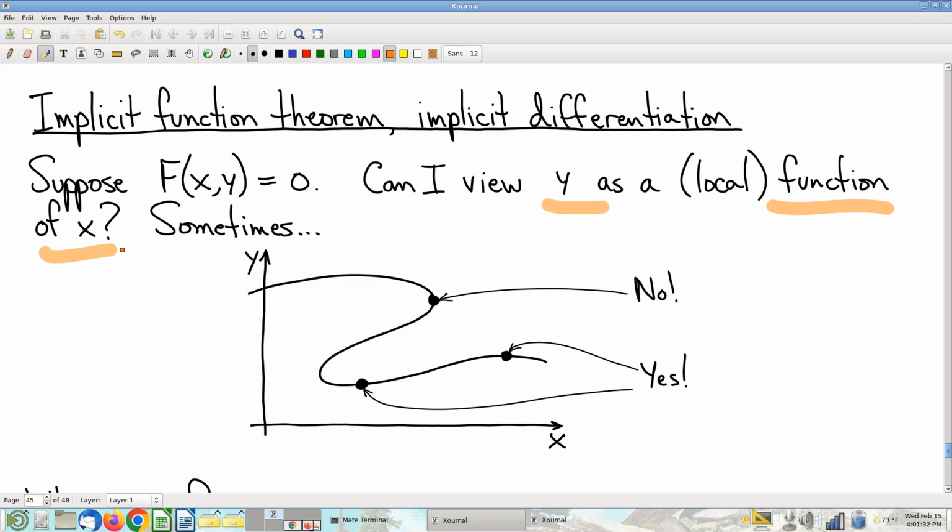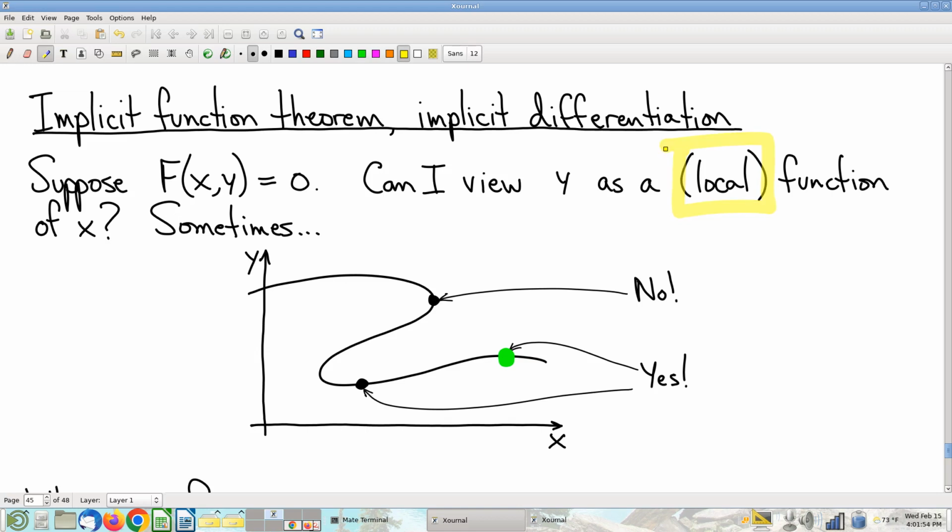We're going to get different answers at different points. And so let's start off with this point right here. Is y a function of x? Well, let me modify the question more appropriately. What do I mean by locally?